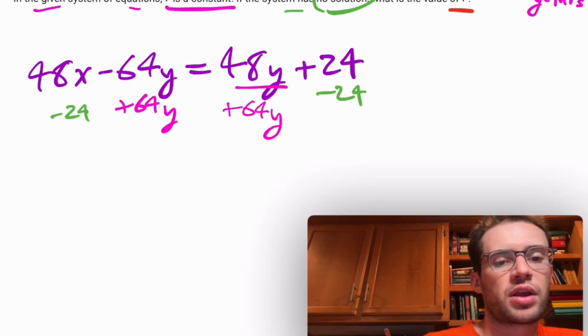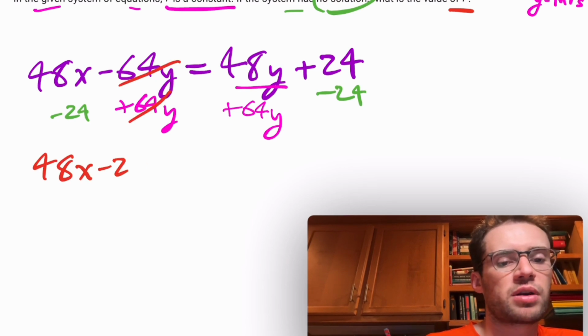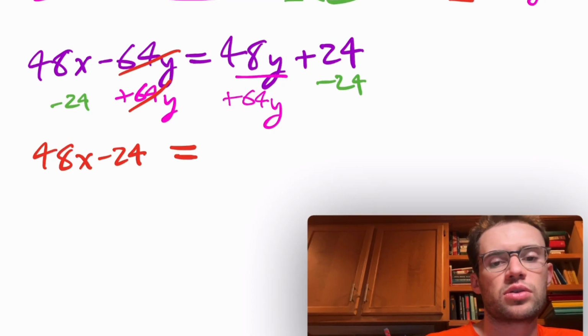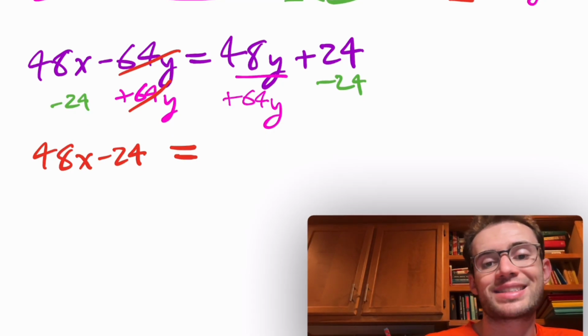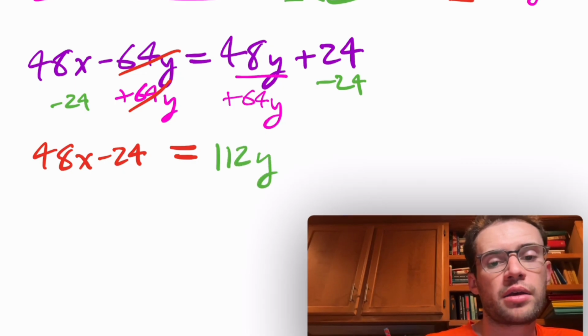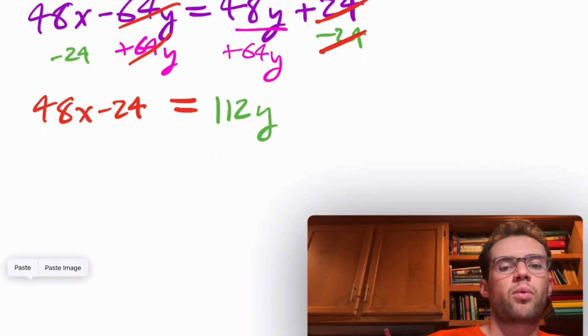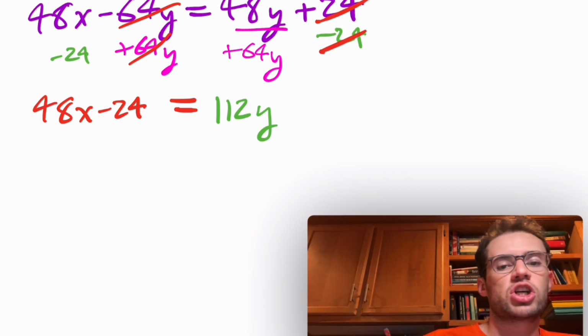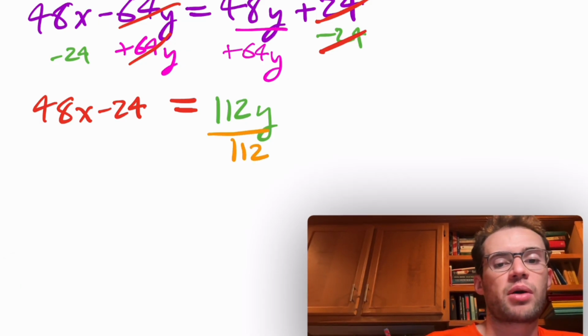So that will leave us with, this negative 64y plus 64y cancels out. So we have 48x minus 24 is equal to, and now 48y plus 64y is going to give us 112y, and then our minus 24 and our plus 24 cancel out. Right, so we have our y's alone. Now we want to get just y alone, so we're going to divide everything by 112.